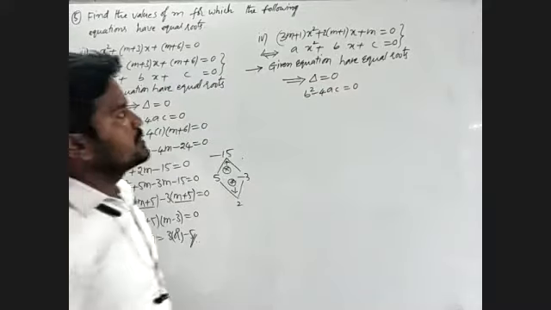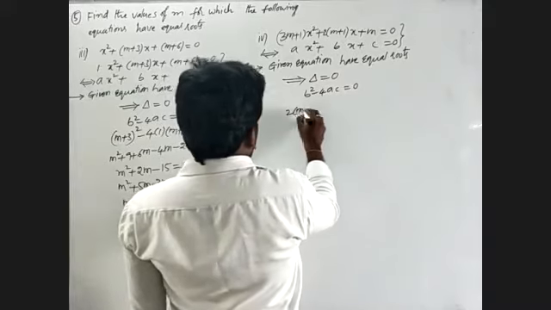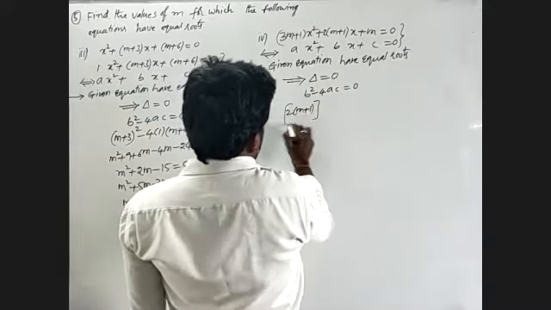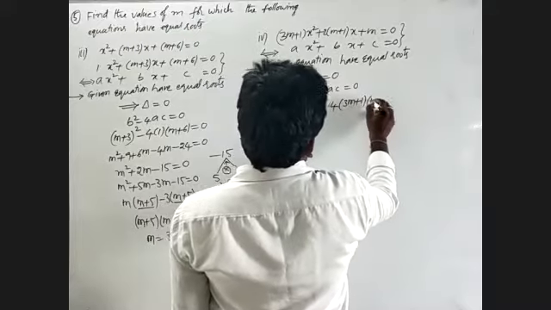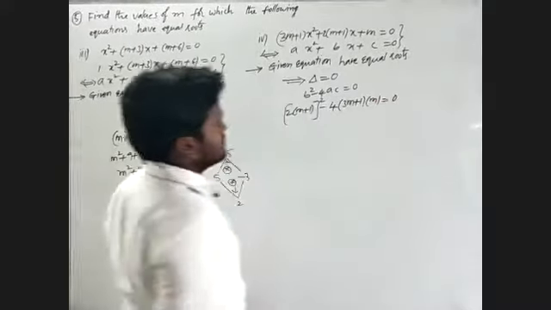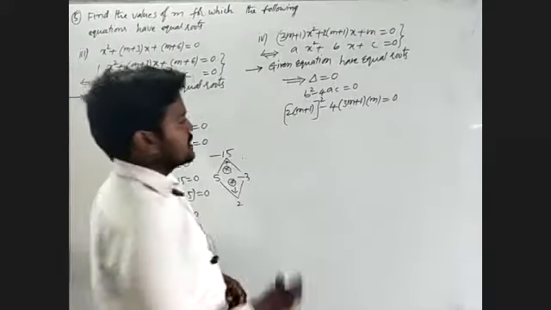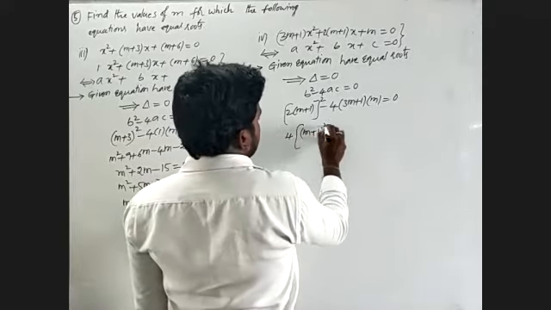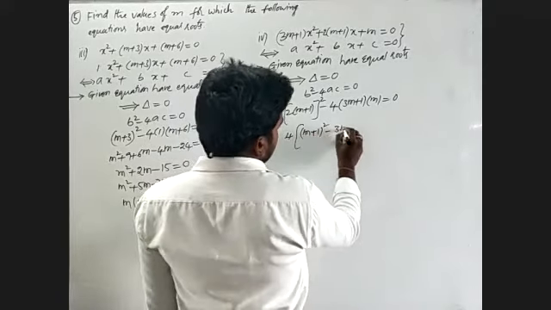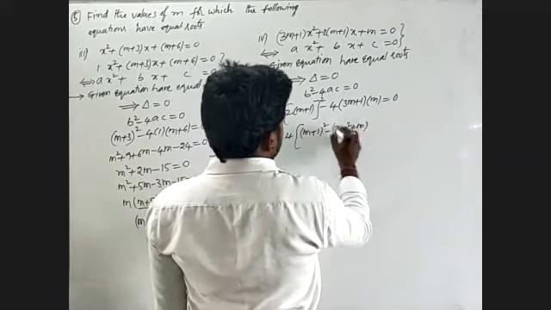What is the value of b? 2 of (m plus 1) whole square minus 4 into (3m plus 1) into m is equal to 0. We have to expand this one. 2 square is 4, I take 4 common. Remaining (m plus 1) whole square minus (3m square plus m) is equal to 0.